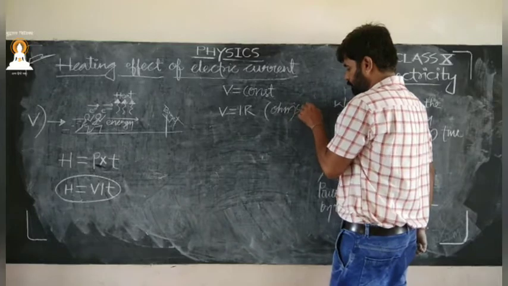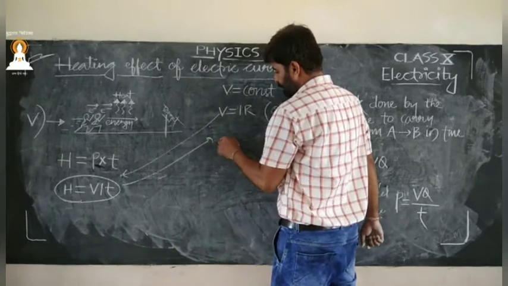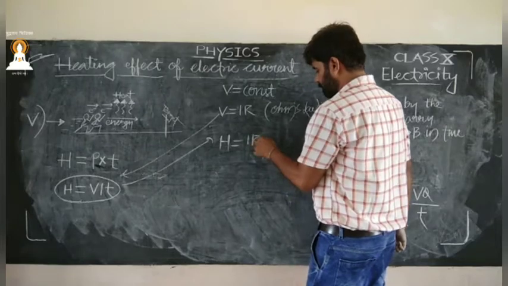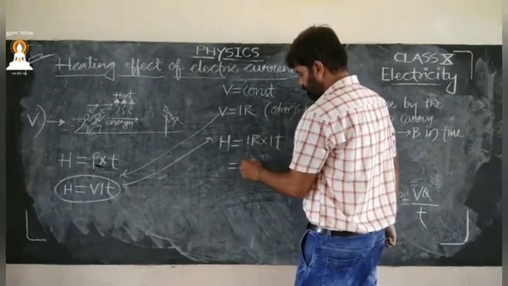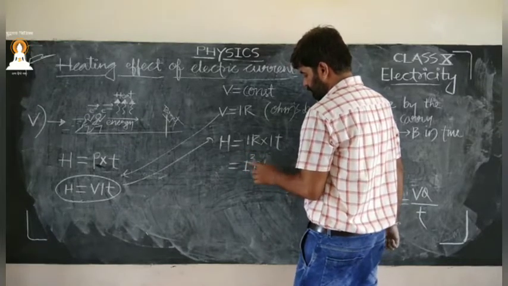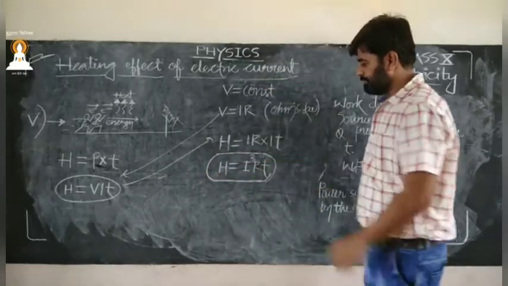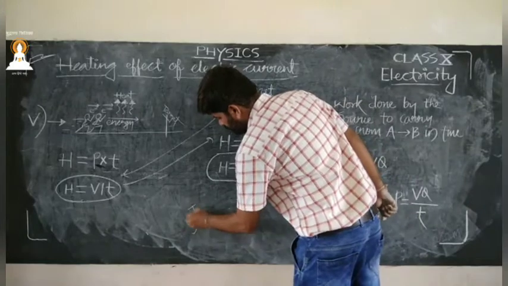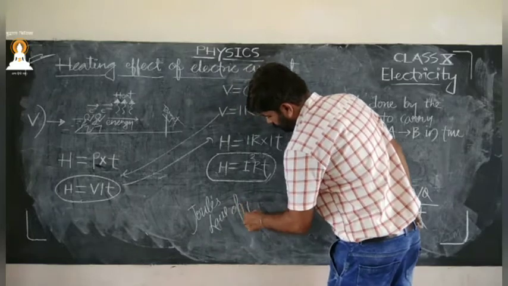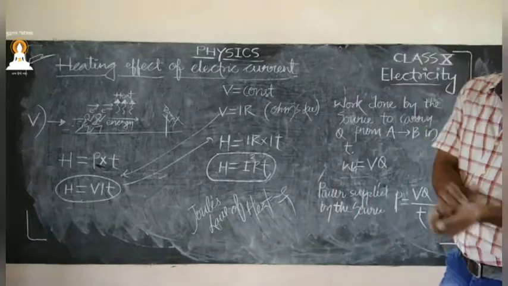If I put this in, then I will get H is equal to I into R into I into T. So this is nothing but I square into R into T. This is the heat dissipated, and this is Joule's law of heating.